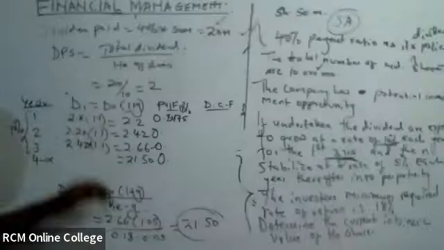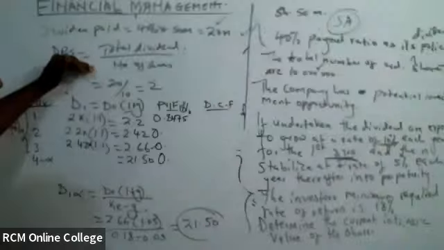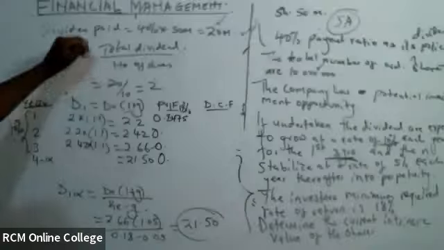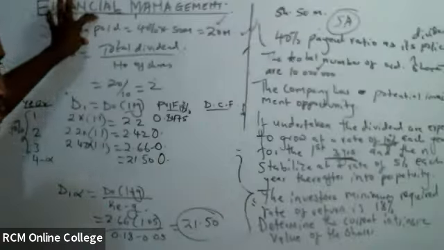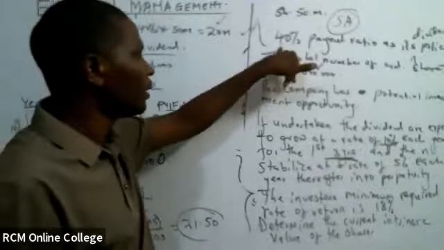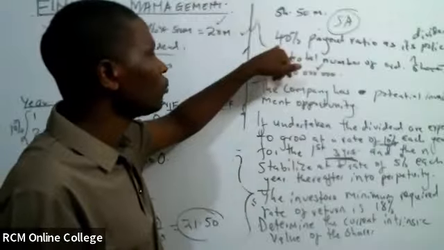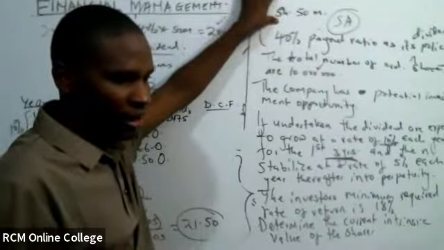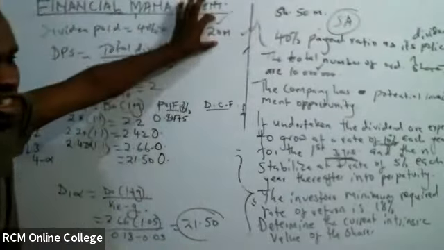The first part. We have said that if you want to get the DPS or our D naught, you first of all come and get the dividend paid. We'll be told that the dividend payout ratio is 40%. So it's going to look at 40% of what? Of 50. We got 20 million.